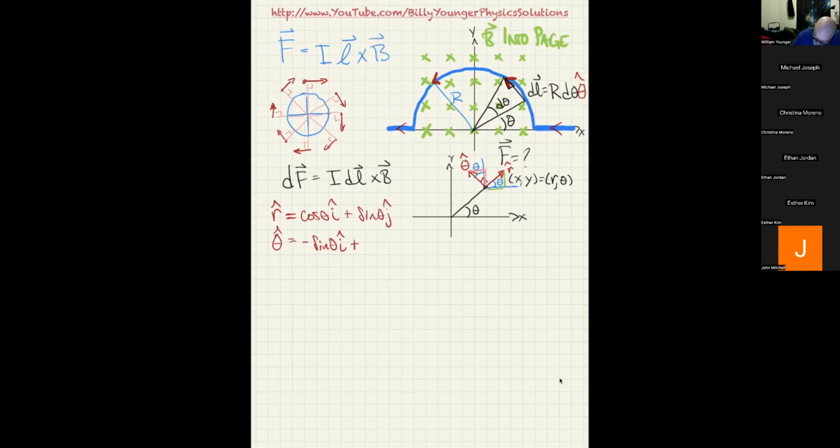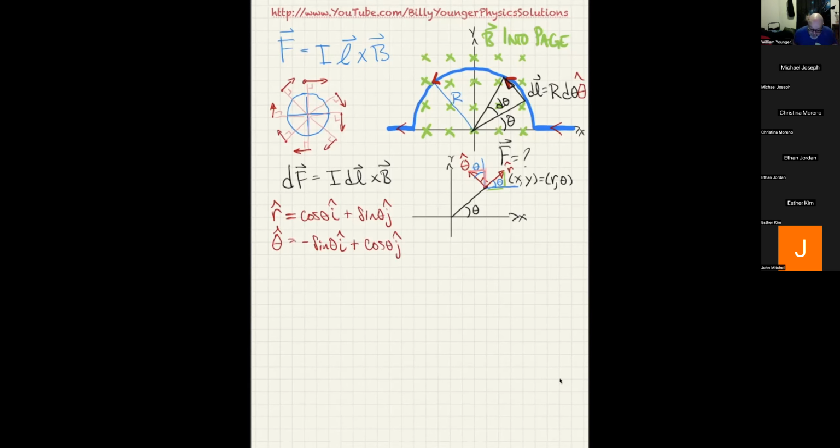That's the little pink one. So what are we going to do to find the vertical one? How about cosine theta? J hat. So that's really what that vector is, just so you'll know.